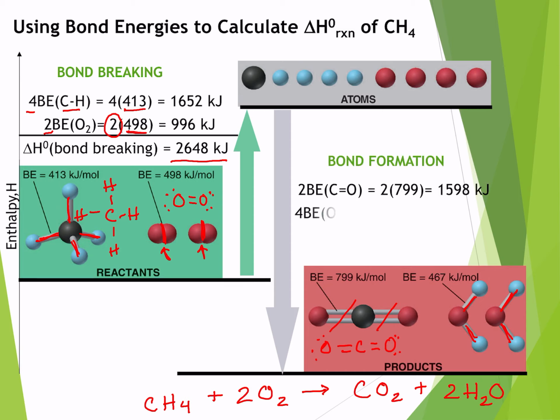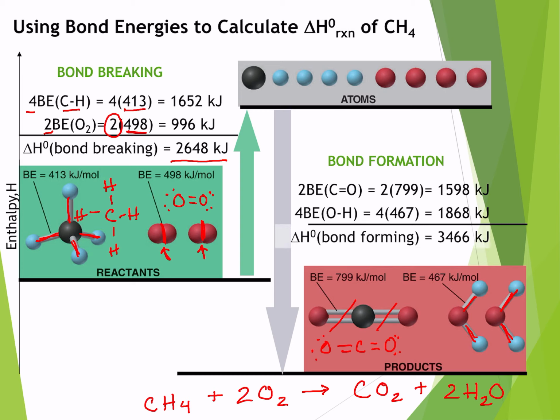So we are going to form 2 carbon-oxygen double bonds, right? Which again has a higher value than the single bonds. And then we are going to form 4 oxygen-hydrogen single bonds. So make sure you've multiplied 2 waters and there's 2 of them in each one. And then you can add all of those up.